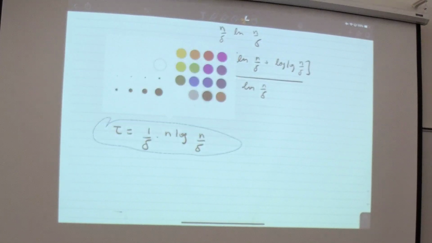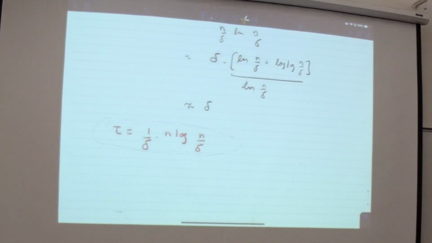The key idea here is that you have a term for the probability of error, and you want this to be more than n, but not much more.